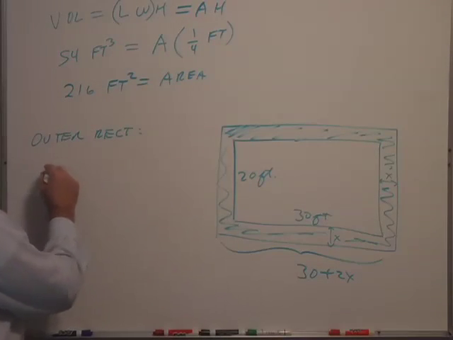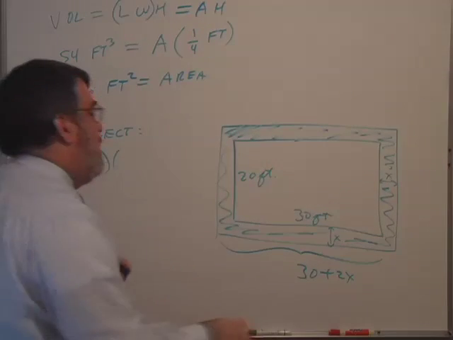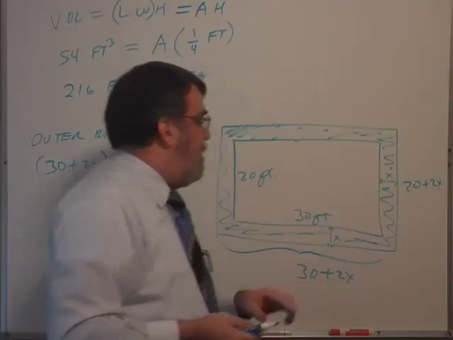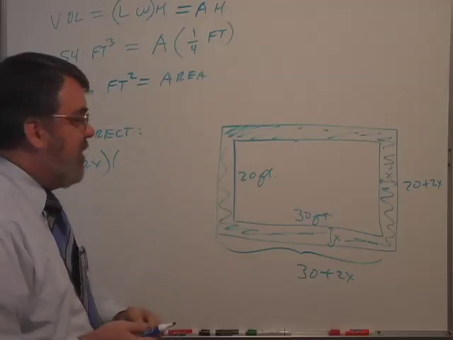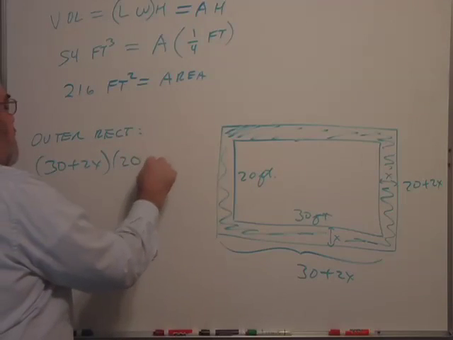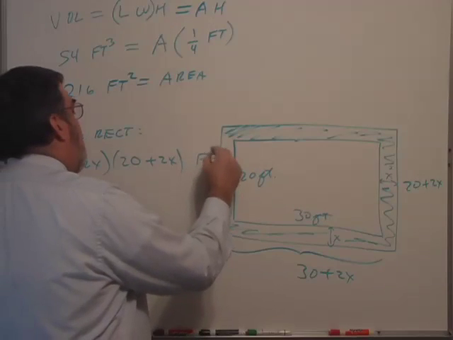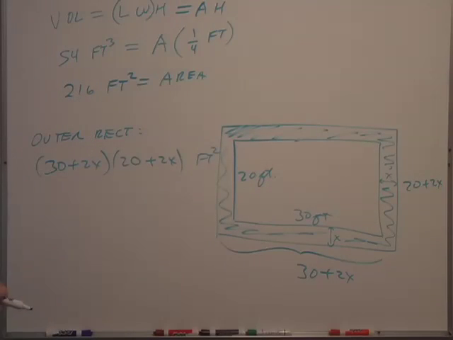And the width is going to be 20 plus 2x, so 20 feet plus x on both sides, 20 plus 2x, and that's square feet. That's the area of the outer rectangle.